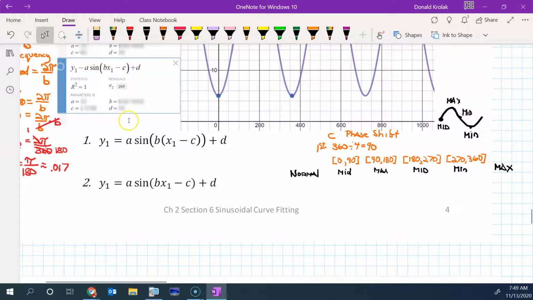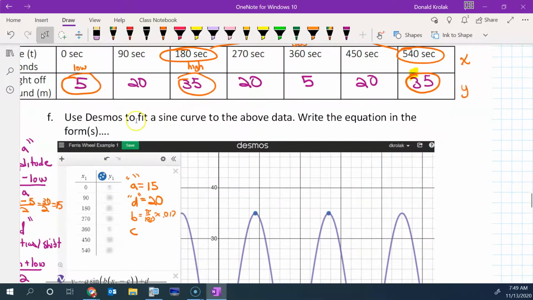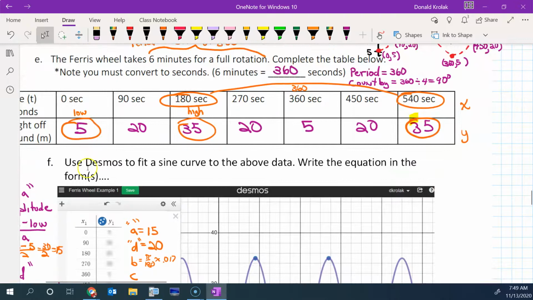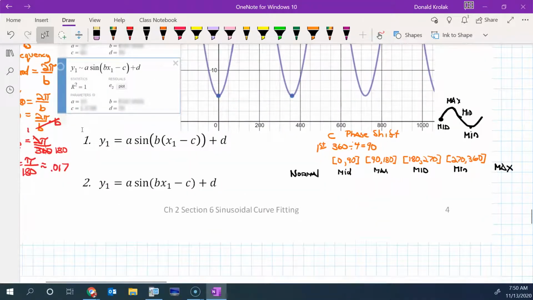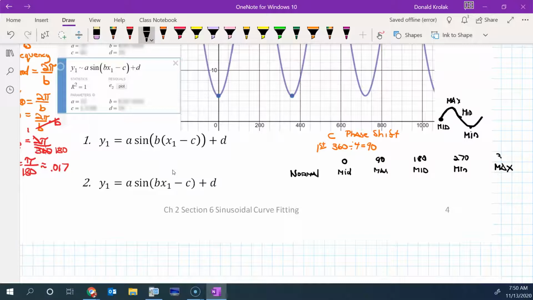All right, now go up to the chart here, and where does yours start? Look at the data now. Let's do it like this, guys. When I divide this into 4, this will be 0, 90, 180, 270, 360.